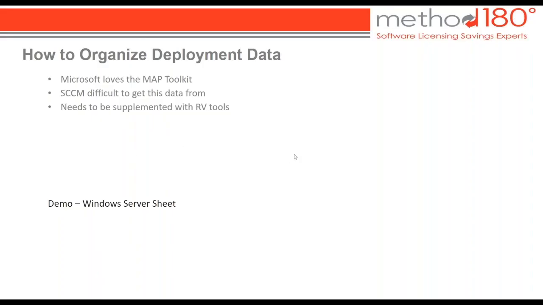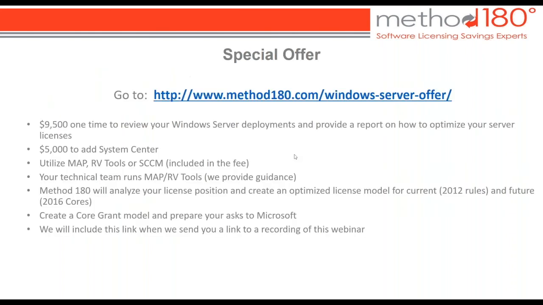Getting the data out of the MAP toolkit or the inventory tools is a bit of a challenge. But if you're interested, we're making an offer. If you want an assessment of your Windows Server, we'll do it one time for $9,500: take your deployment information and create an optimized license position, showing you where you're at from a processor perspective and from a core perspective.